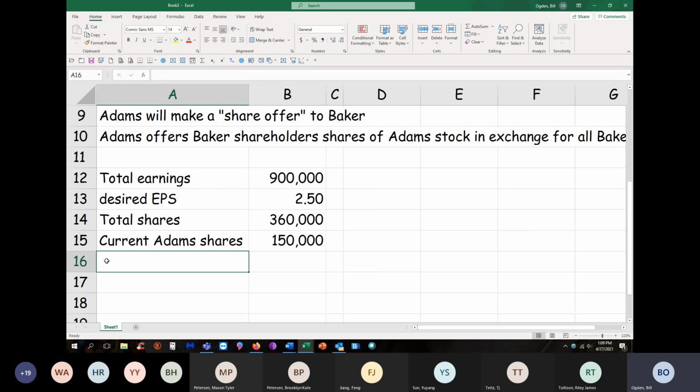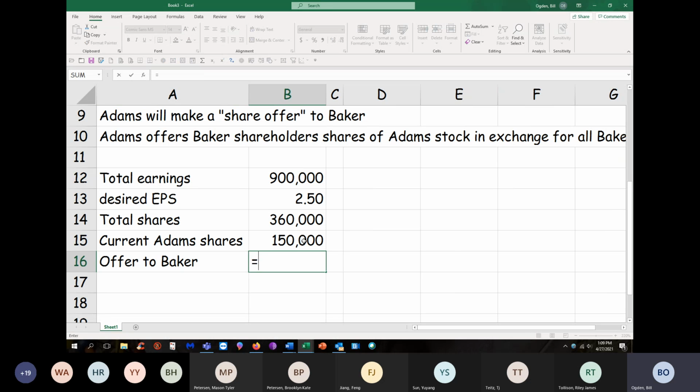So what can they offer to Baker? Well, they can offer up to the difference. You can't eliminate these, right? Those are the current shareholders. You have to have, in fact, authorized shares of at least 360. So now we'll offer Baker 360 minus 150. So we'll offer 210,000 shares to Baker. All right. So we're going to offer to Baker 210,000 shares.